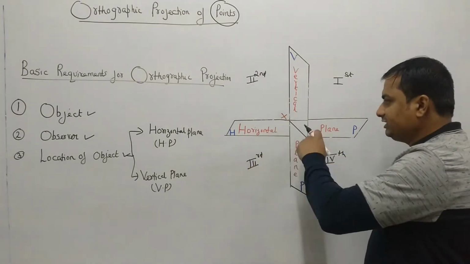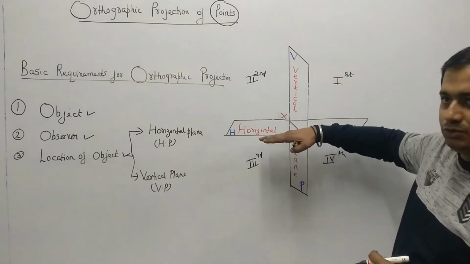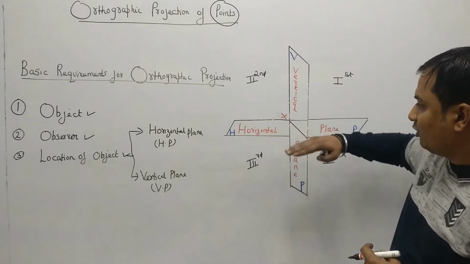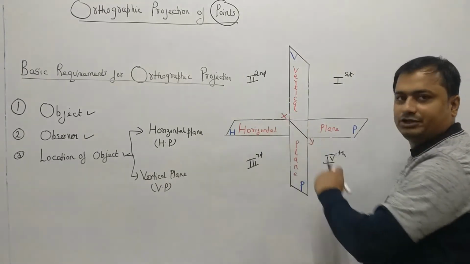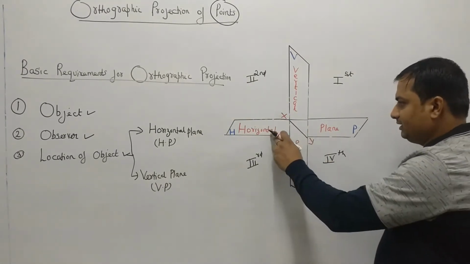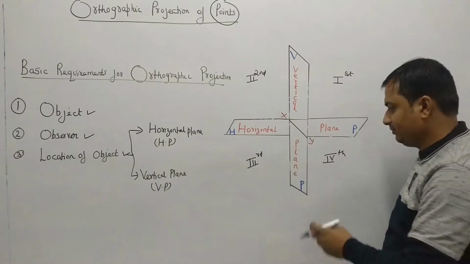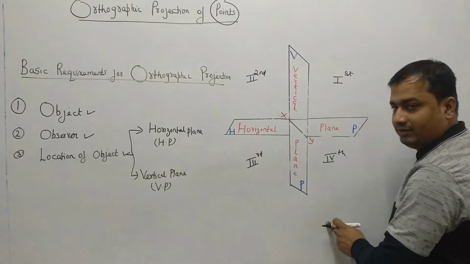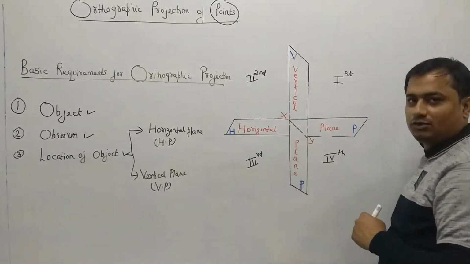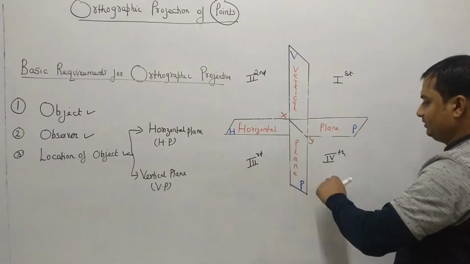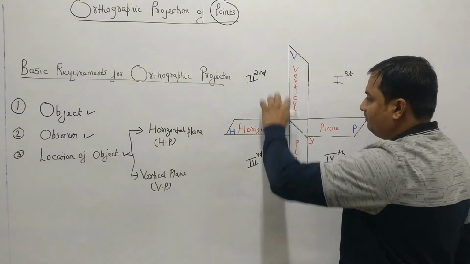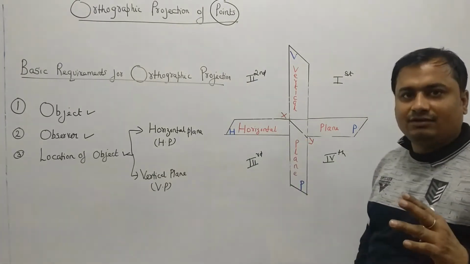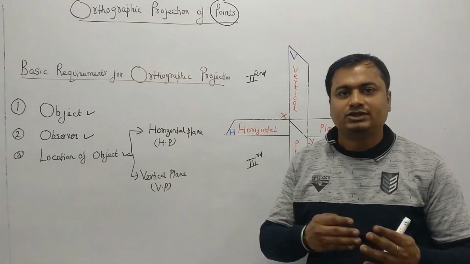With respect to HP, the object will be either above HP, this is the region of above HP, or below HP, this is the region of below HP. With respect to the VP, the object will be in front of VP, this is the region in front of VP, or behind VP. So there are four terms related to HP and VP.